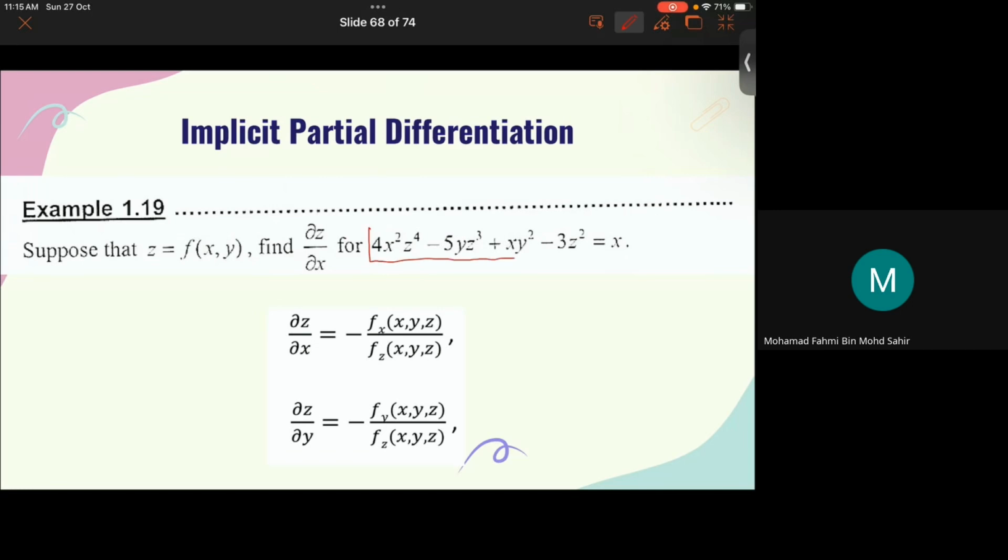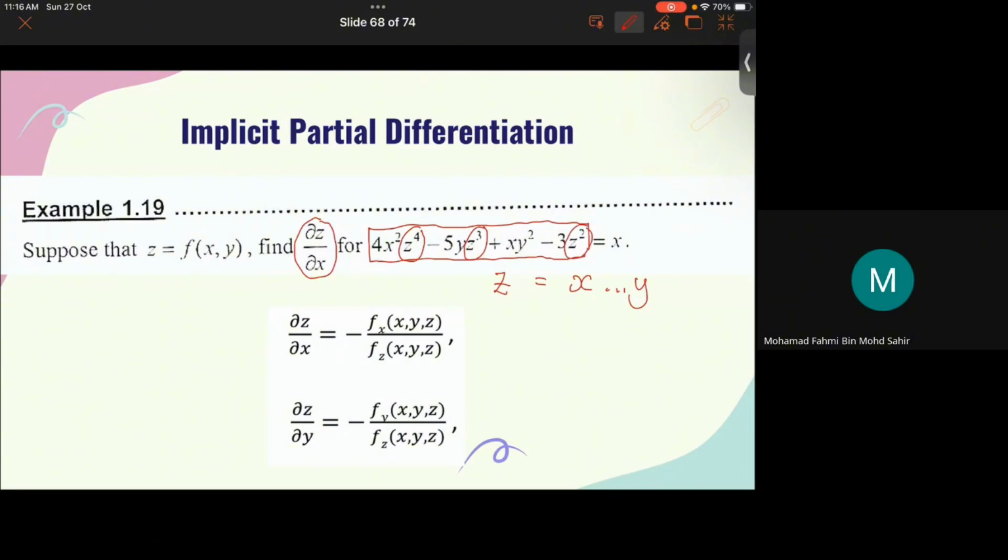You have an equation, and you want to find del z del x. Meaning that you must put your z on one side and the other variables x and y on the right side. But you look at this function: z is over here, and z is over here.